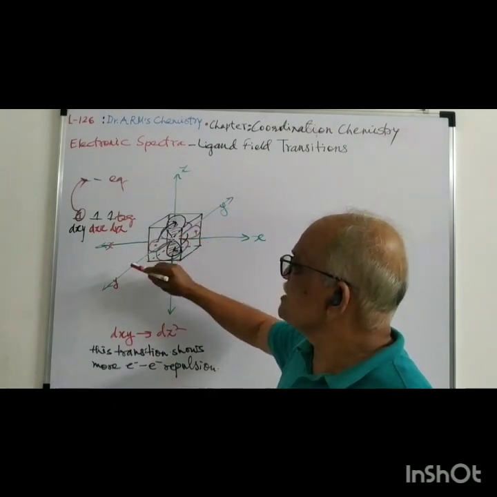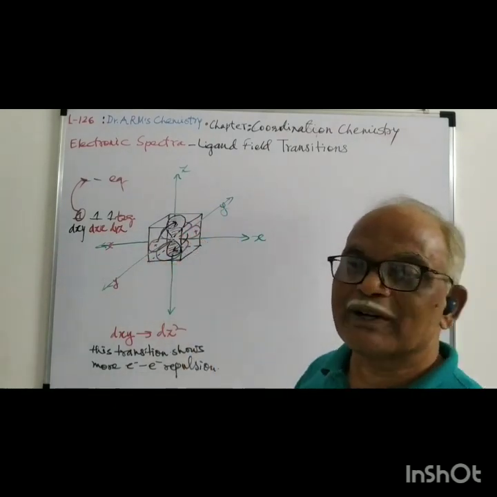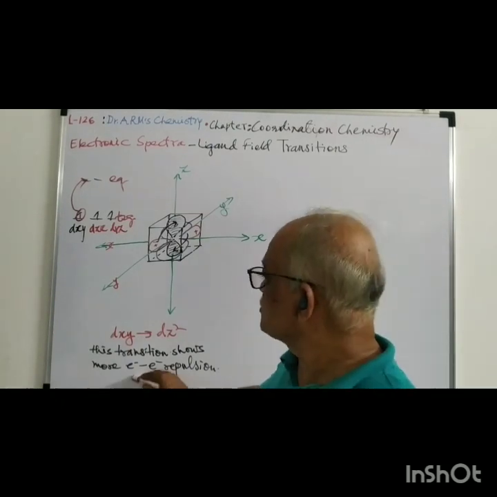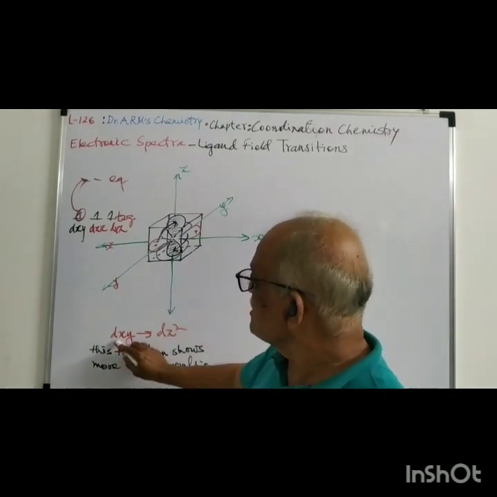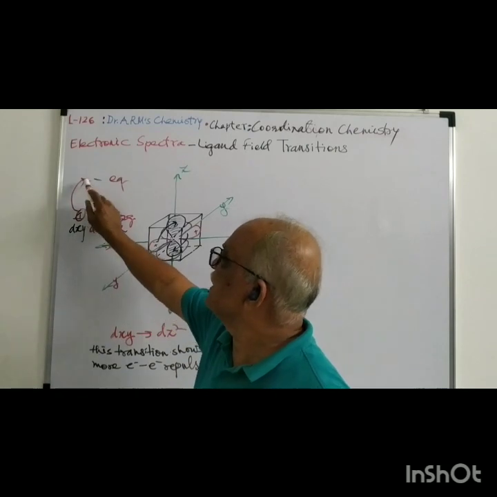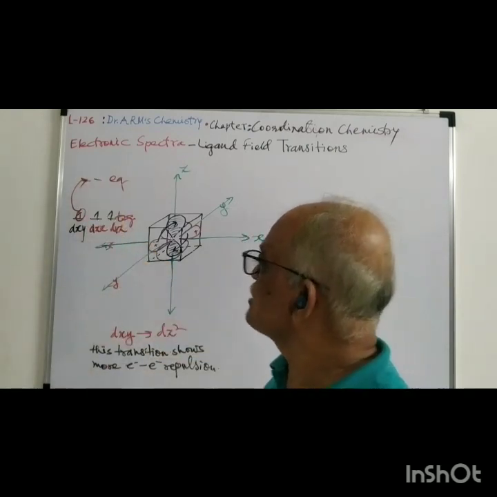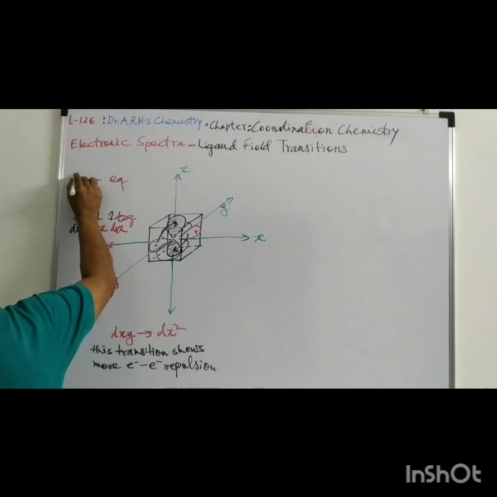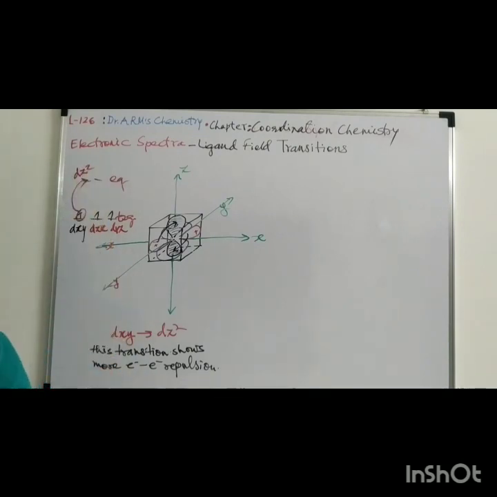So this electron density will show more electron repulsion when the electron is moving from this dxy orbital into this dz2 orbital. So if you see, this is the dz2 orbital.